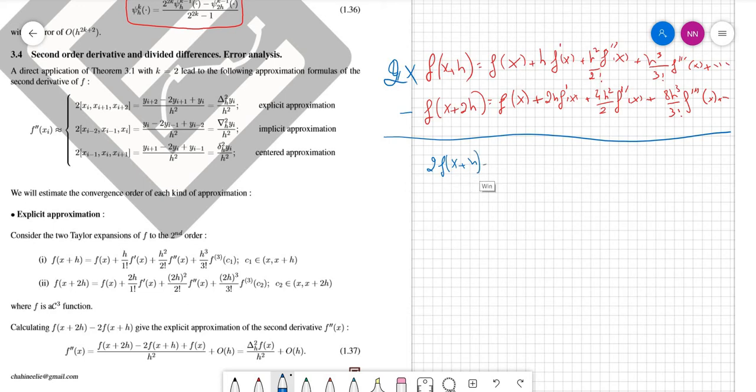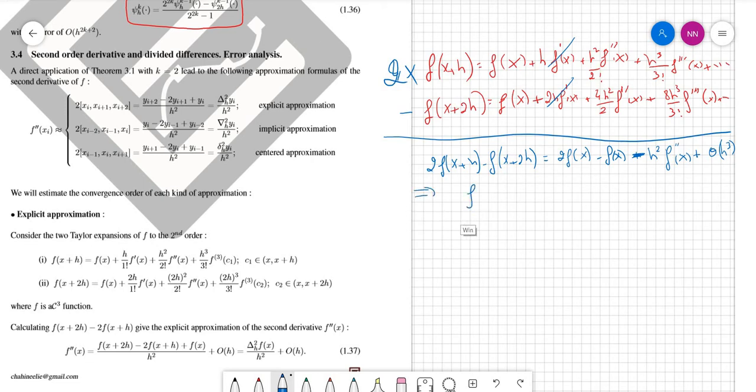plus h minus f of x plus 2h equals 2 f of x minus f of x plus the f prime, this term will vanish, but plus 2h squared over 2 which gives h squared minus 2h squared, so it's minus h squared f double prime of x plus something of the order h3.